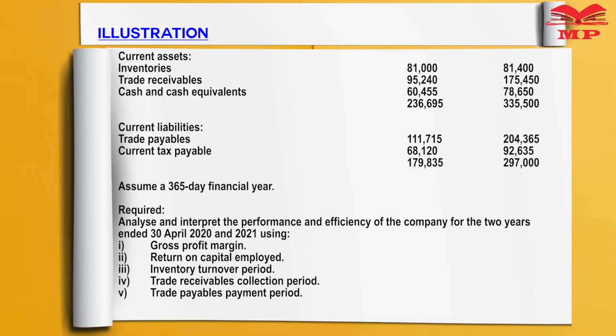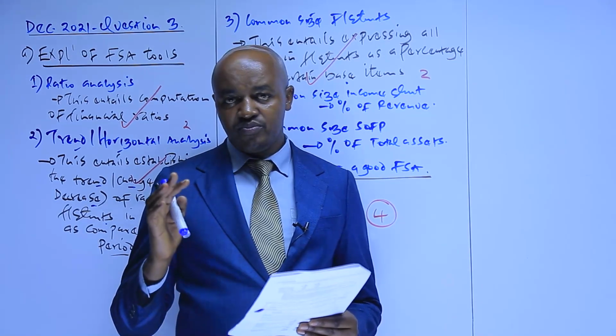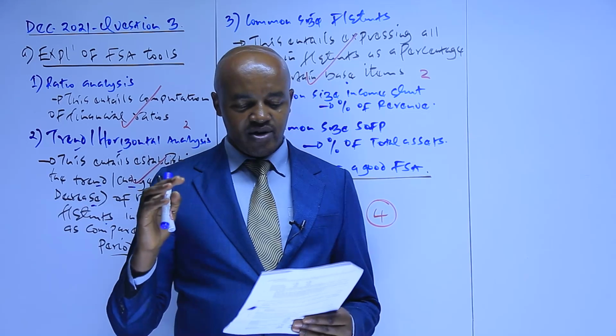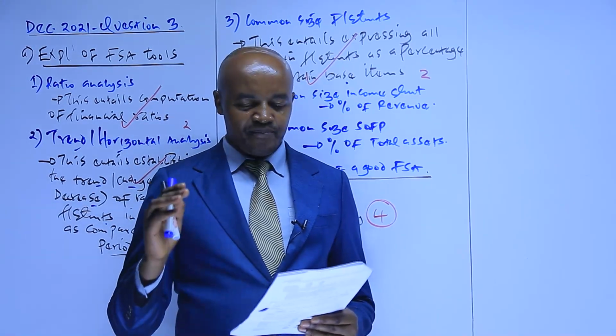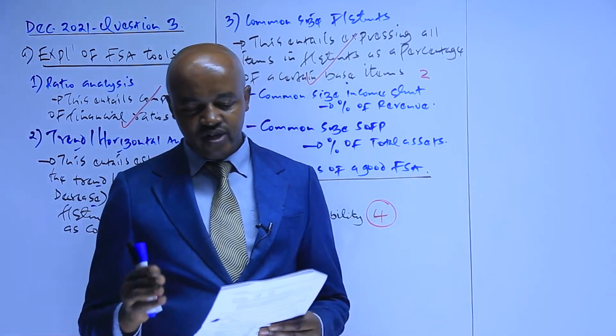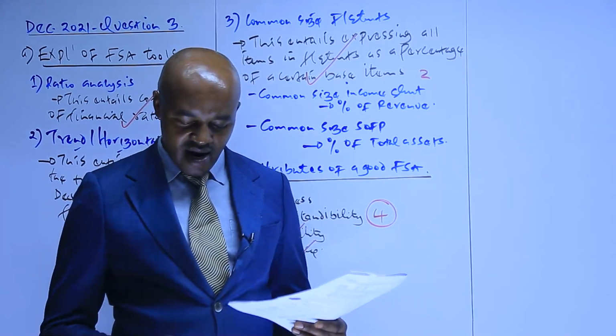From that information, the examiner was requiring we analyze and interpret the performance and efficiency of the company for the 2 years, the years which ended 30th April 2020 and 2021, using the following ratios. So in other terms, what the examiner was requiring is we compute those 5 ratios and we comment on the company's performance and efficiency over the period of 2 years, that is 2020 and 2021.